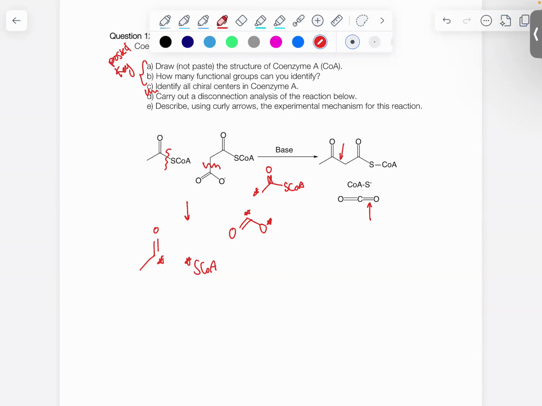So how exactly does this happen? Looking at our curly arrows, again, we always want to start from electrons. So we have this lone pair here, and we can, first step, decarboxylate.